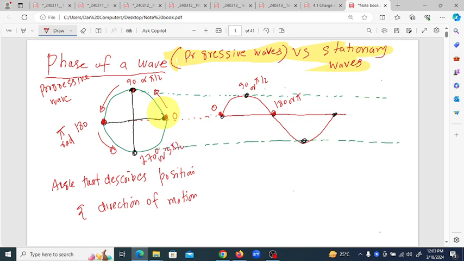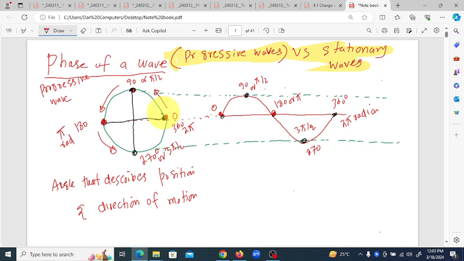And the last one is 360 degree, which is the same as 0 degree, or 2 pi. So the angle in radian is 2 pi radian.